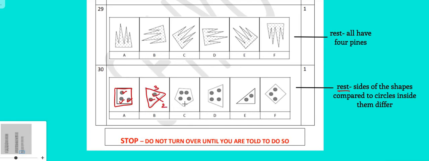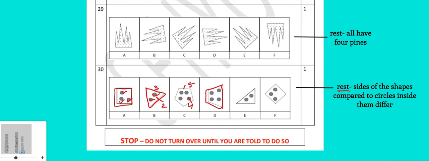Now if we look at C, it is a pentagon with 4 circles inside. So it is 5 and 4. For D, here we have a 4-sided figure as well as 4 circles inside it. So therefore D could be our answer, but let us look at E and F as well.